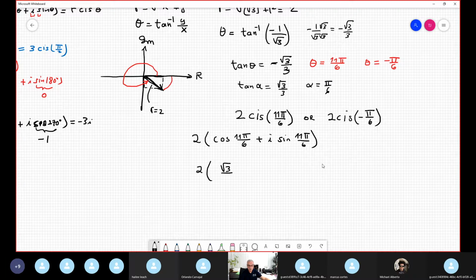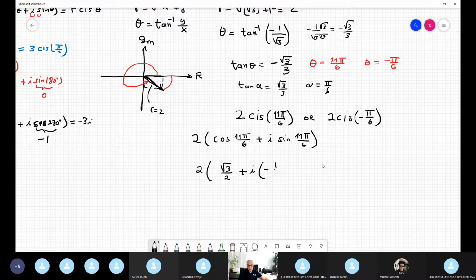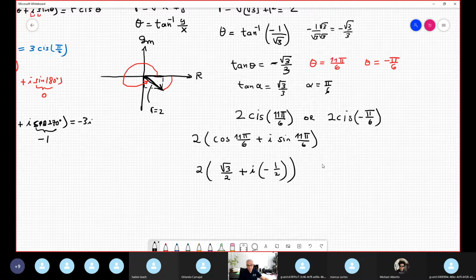Positive, no? Plus i times something. And sine of 11 pi over 6 is negative, because I know very well that sine in the fourth quadrant is negative. And the sine of 30 degrees is 1/2. Okay, when you multiply and distribute inside, we have radical 3 minus i, because 2 times 1/2 is 1, and we get exactly the same.